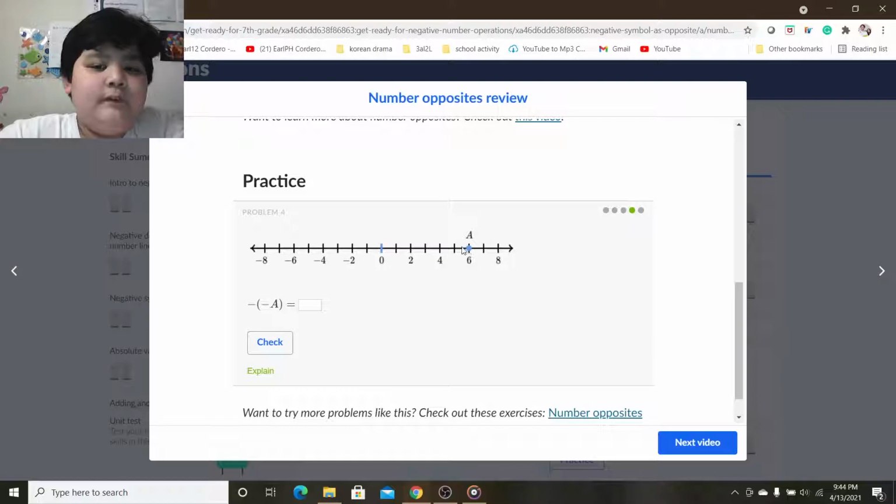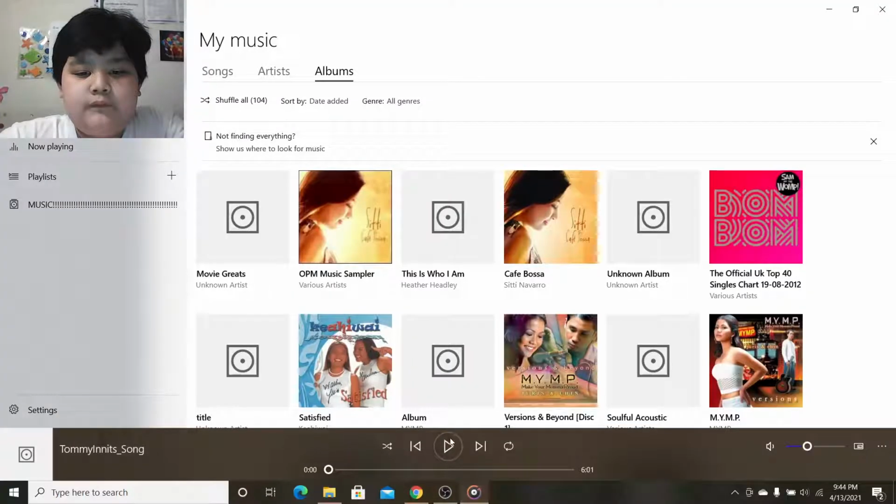Problem 4. What's the problem? Minus negative a. Forgot to click the loop button.